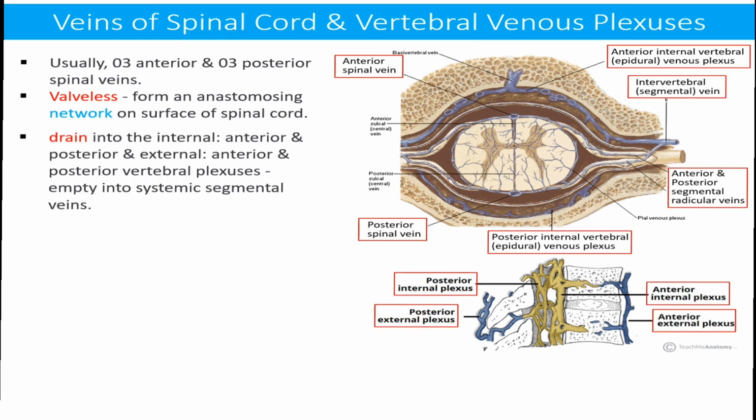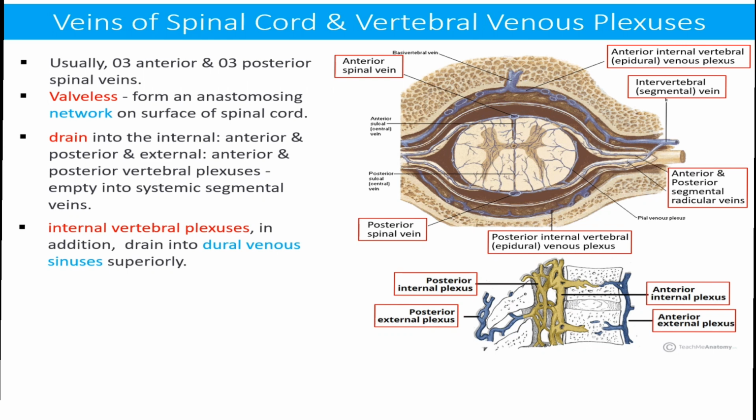They drain into internal, that is anterior and posterior internal, and anterior and posterior external vertebral plexuses, which empty into systemic segmental veins. The internal vertebral plexus, in addition, also drains into dural venous sinuses superiorly.